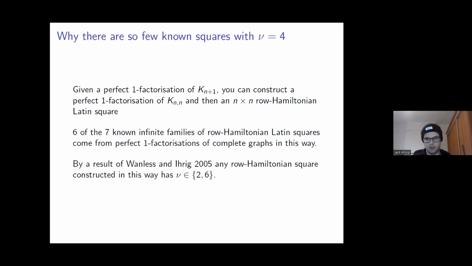And out of the 7 known infinite families of Row-Hamiltonian Latin squares, 6 of them come from the families of perfect one factorizations of complete graphs in this way. And Wanless and Ehrig showed that any Row-Hamiltonian Latin square constructed from a perfect one factorization of a complete graph in this way must have nu equal 2 or nu equal 6. So that mostly accounts for why the known Row-Hamiltonian Latin squares have nu equal 2 or nu equal 6.